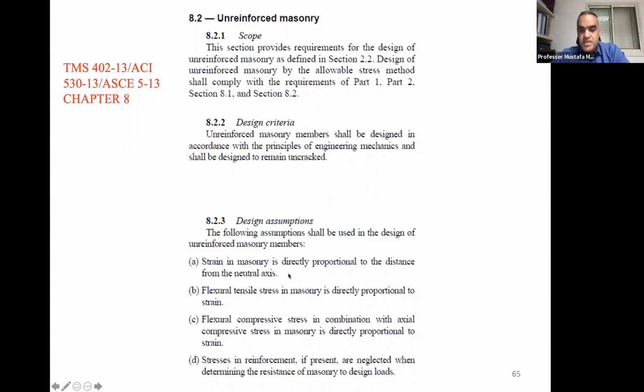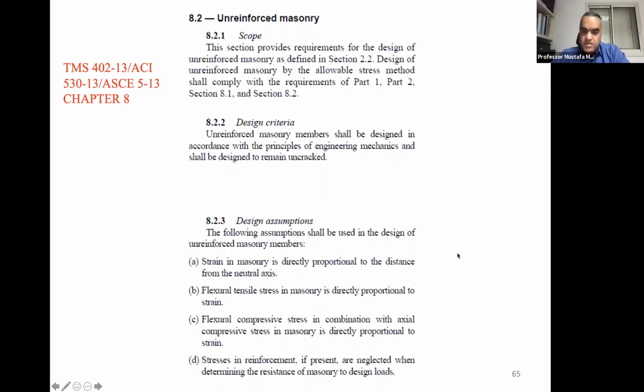So strain in masonry is directly proportional to the distance from the neutral axis. Flexural tensile stresses in masonry are directly proportional to the strain. Flexural compressive stresses in combination with axial compressive stresses in masonry are directly proportional to the strain. And the stress in reinforcement, if present, is neglected when determining the resistance of the masonry to design loads. So again, this is unreinforced, so we neglect the reinforcement.